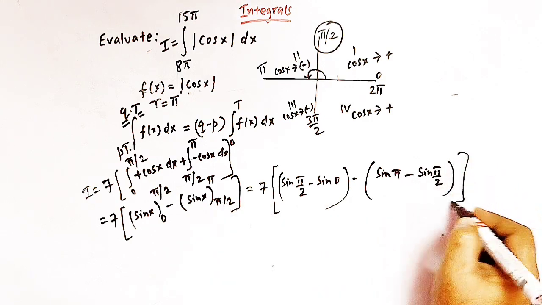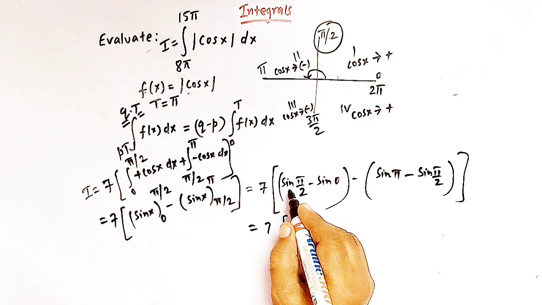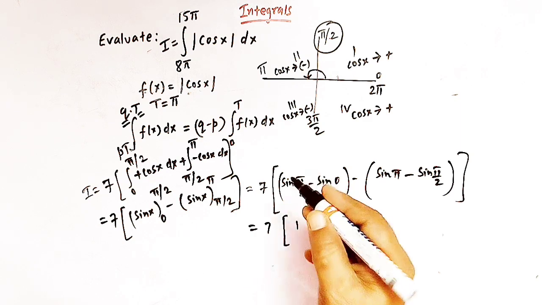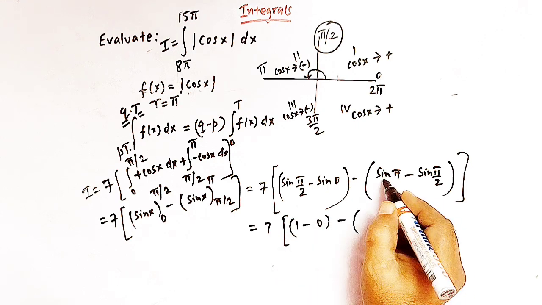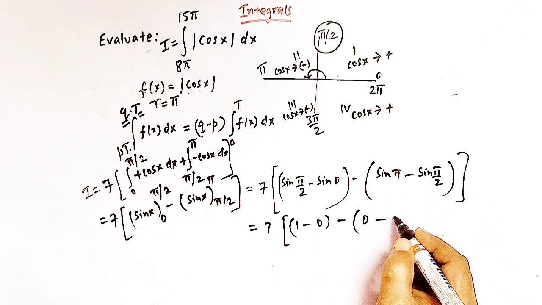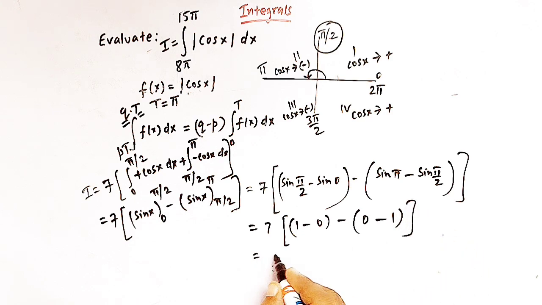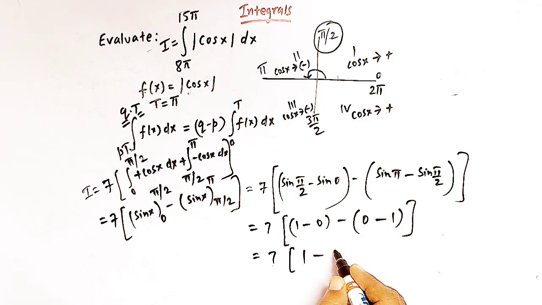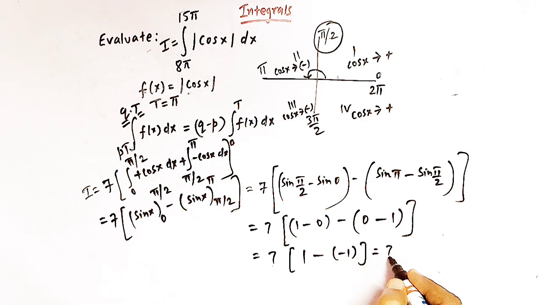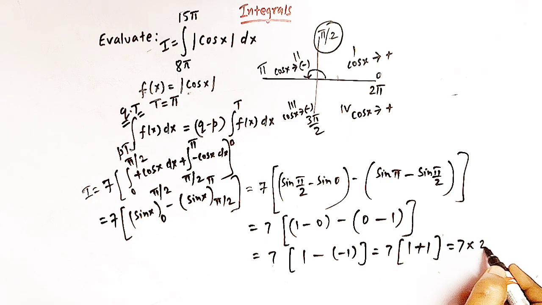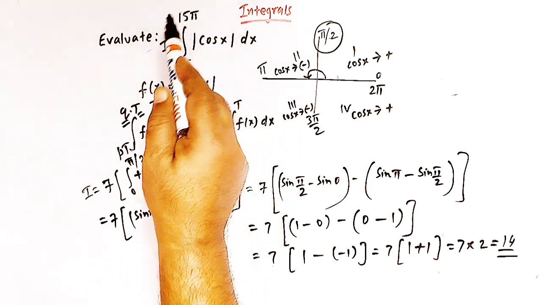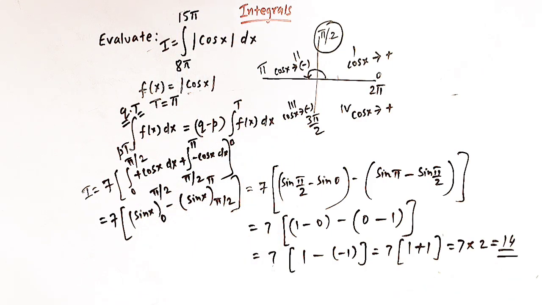Now we can write sine pi by 2, that is sine 90 degrees, as 1, sine 0 is 0, sine pi is 0, and sine pi by 2 is 1. So we have 7 times, 1 minus 0 is 1, 0 minus 1 is minus 1, so this is 1 plus 1, that is 7 times 2, which is equal to 14, right? So the value of this integral is equal to 14.